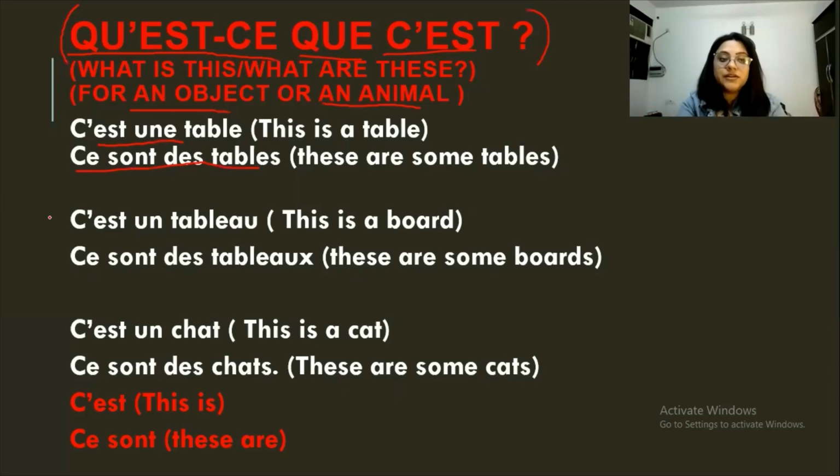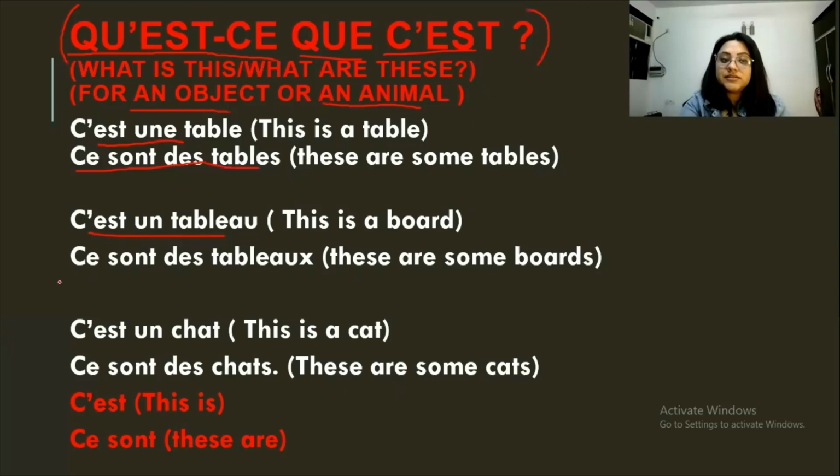If my answer is, c'est un tableau, this is a board, my question again is going to be, qu'est-ce que c'est?